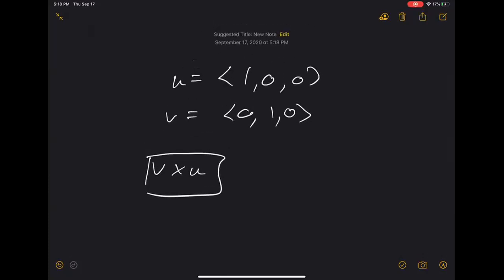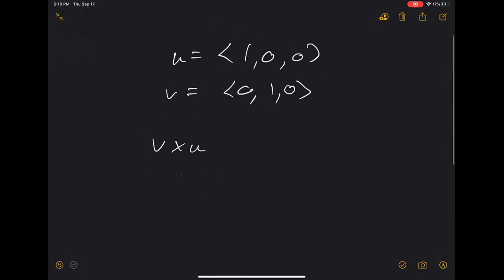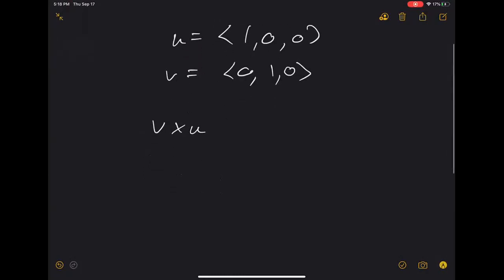If I point the fingers of my right hand in the direction of v, I always put my fingers pointing in the direction of the first vector, so v, which is along the y-axis. Let's draw what's going on. So this is my v.